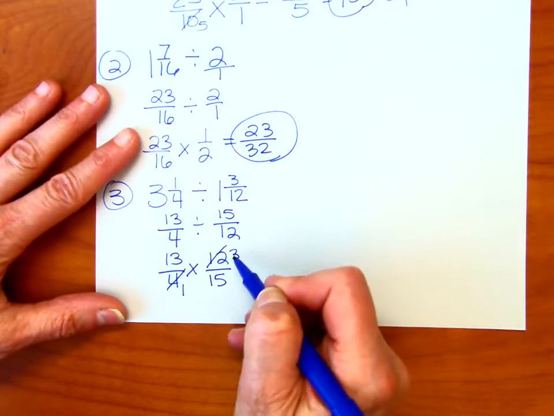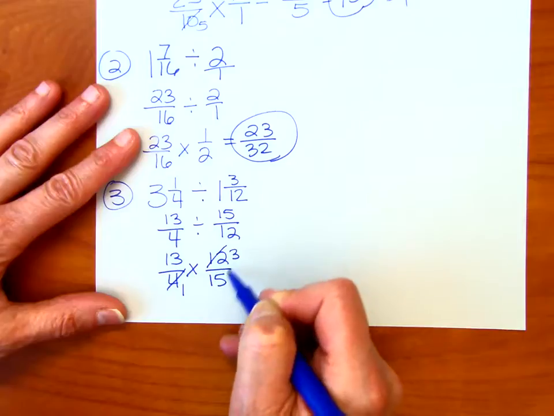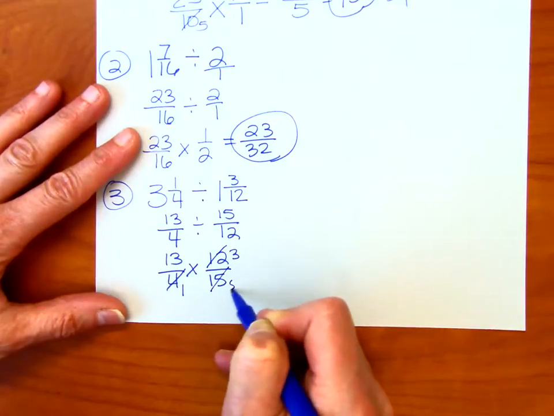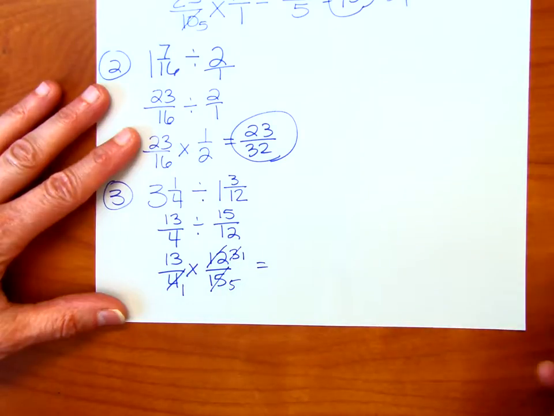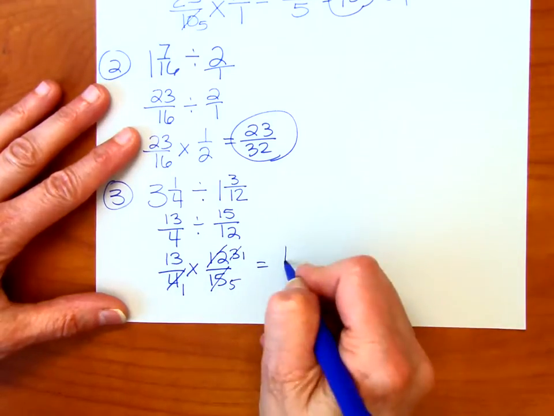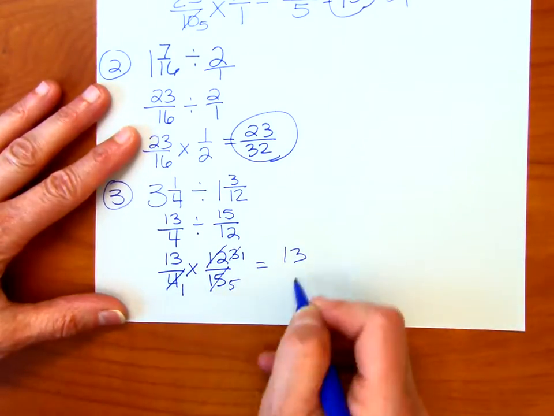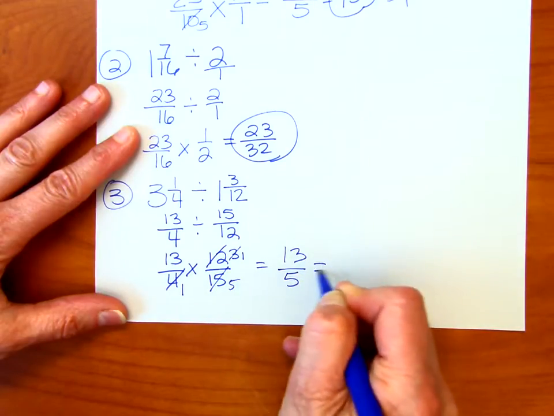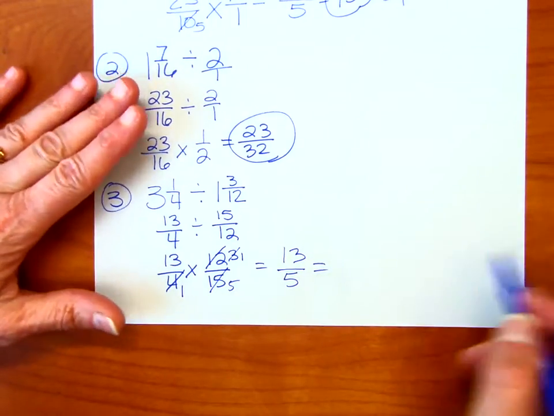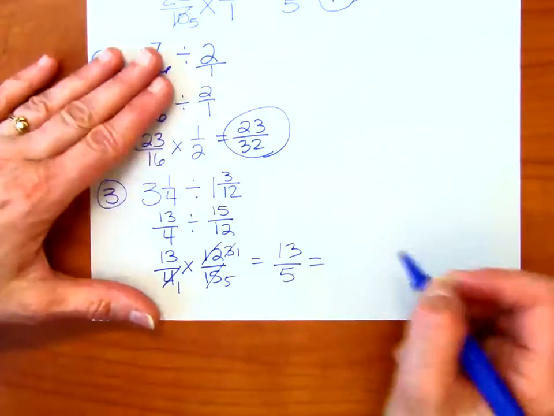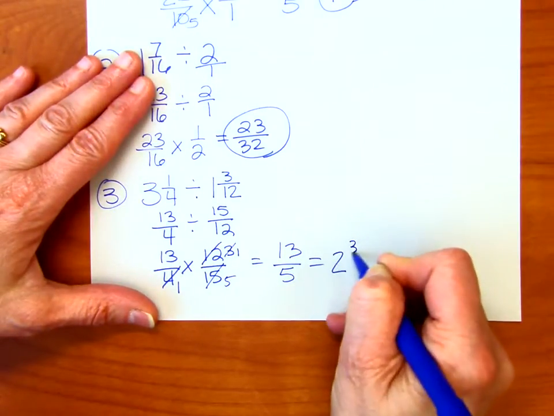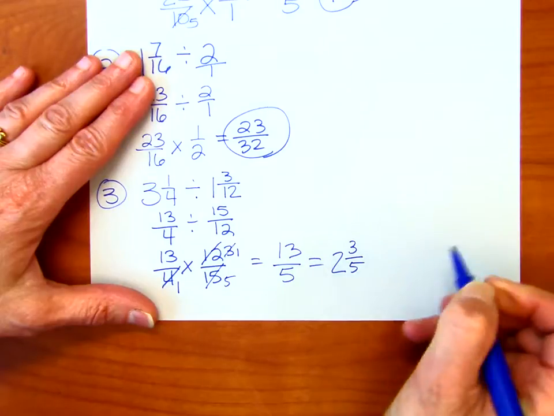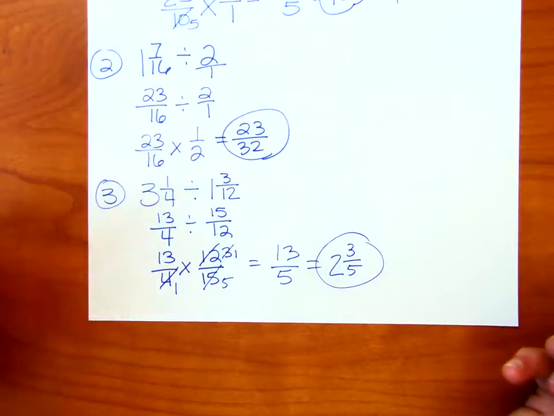And it also looks like I can reduce again, 3 will go into 15 5 times, and of course 3 will go into 3 once. So we've got 13 times 1 is 13, and 1 times 5 is 5. And then 5 goes into 13 2 times, and then I have 3 left over. So 2 3/5, it looks like.